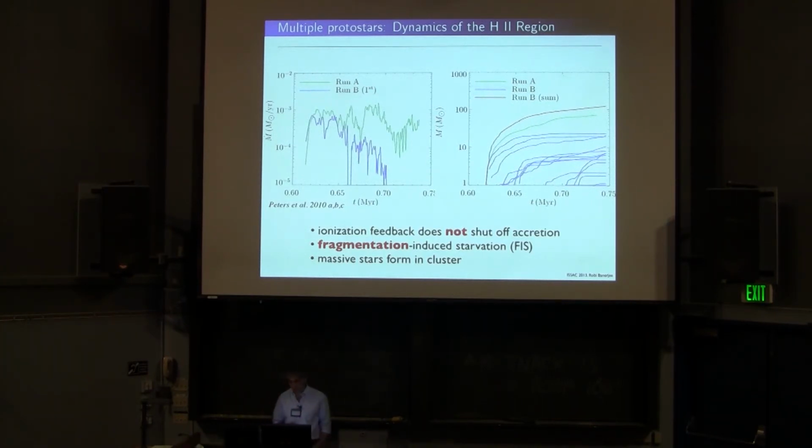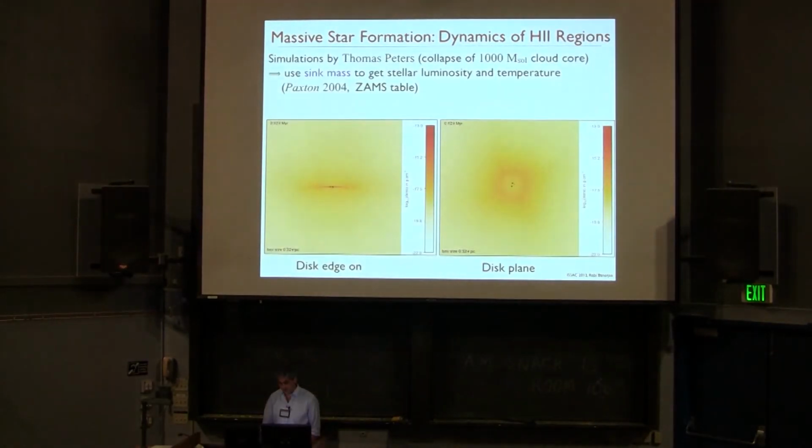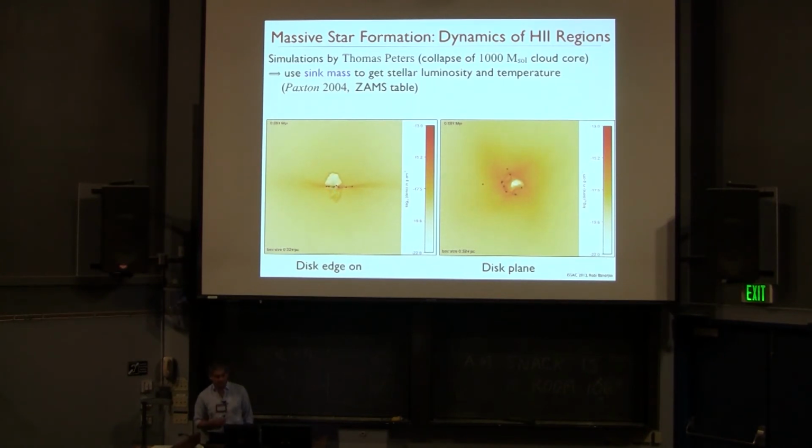So the ionization feedback does not really shut off the accretion, but what it does eventually in this particular case is, as you have seen, it's not a single star which you form here, but many stars. You always form your massive stars in clusters.